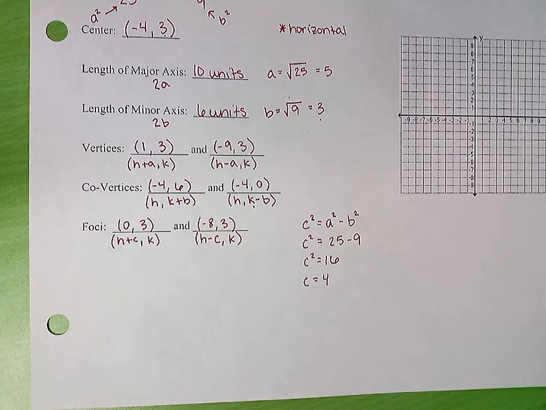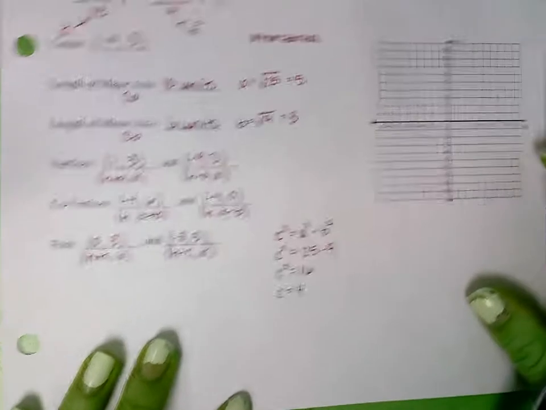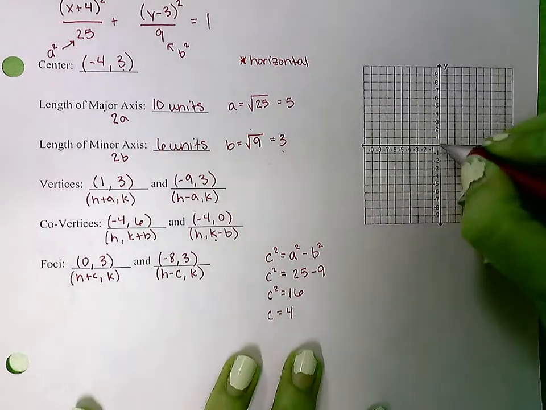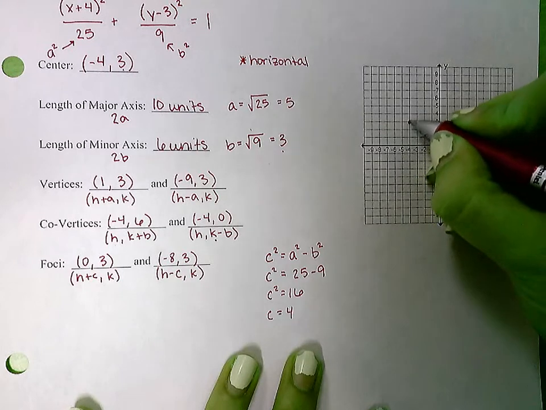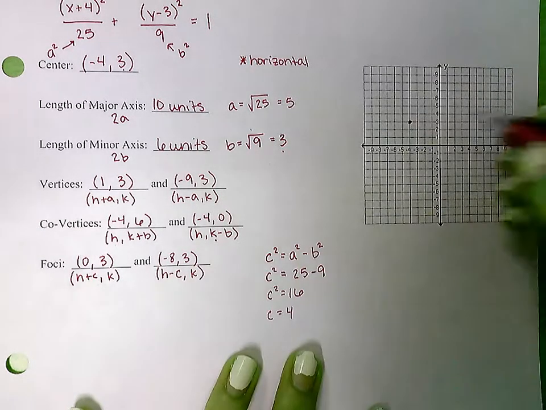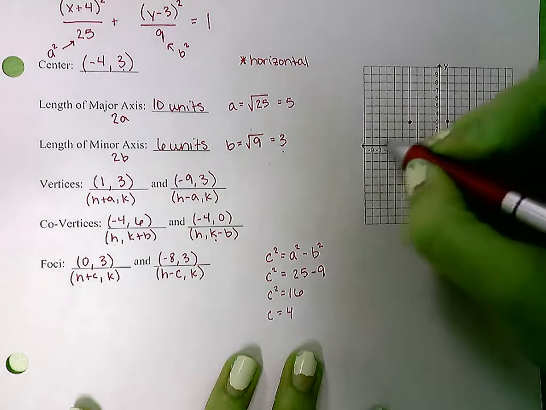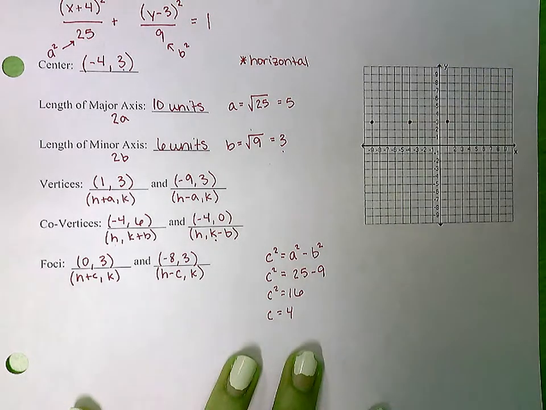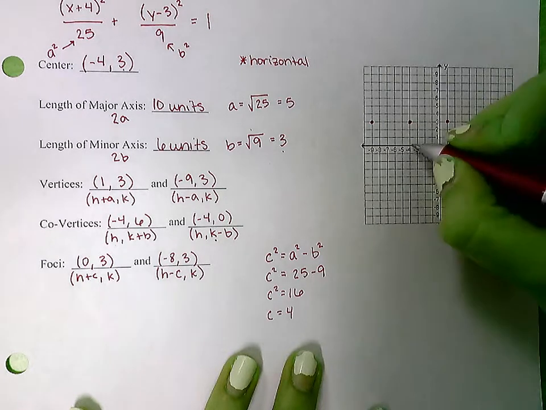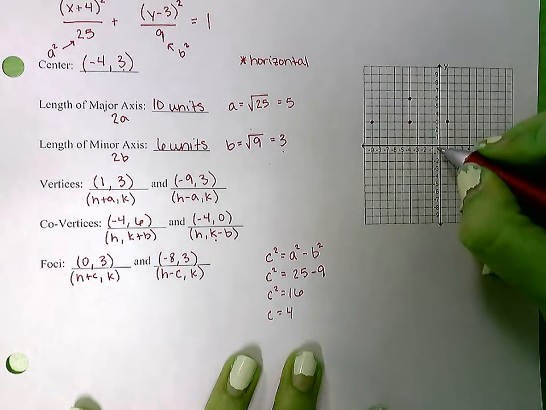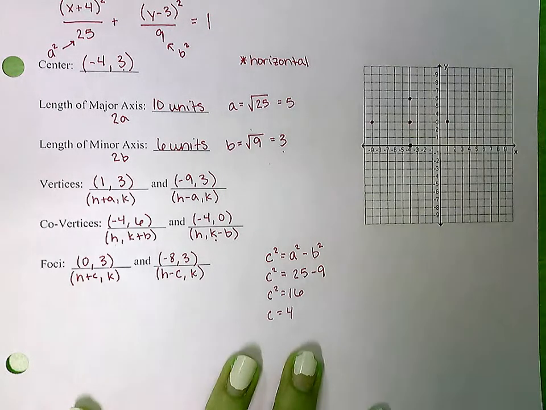Okay, and then your last step is to graph your center, your vertices, your covertices, and your foci points. So my center is at (-4, 3). Vertices, (1, 3) and (-9, 3). Covertices, (-4, 6) and (-4, 0).